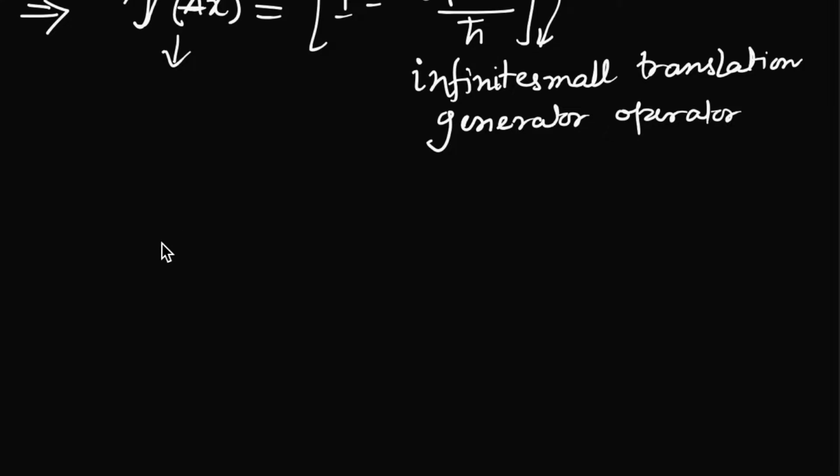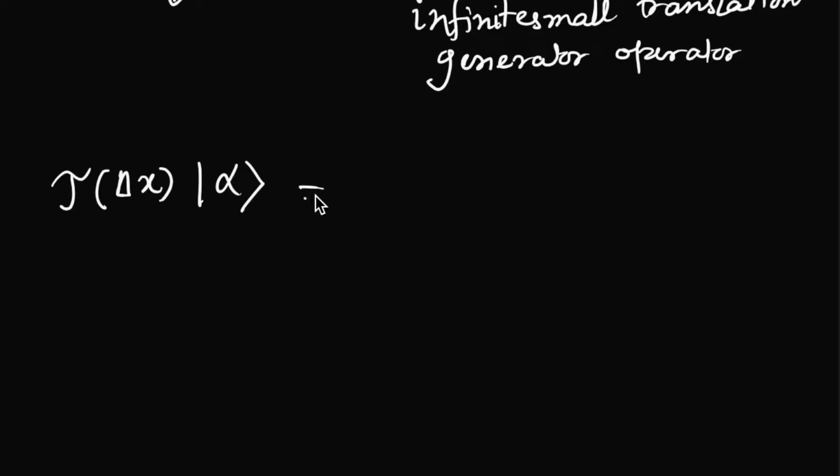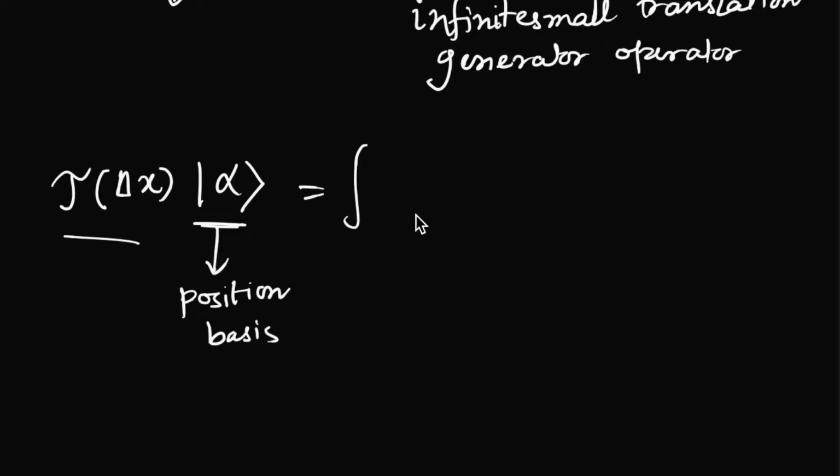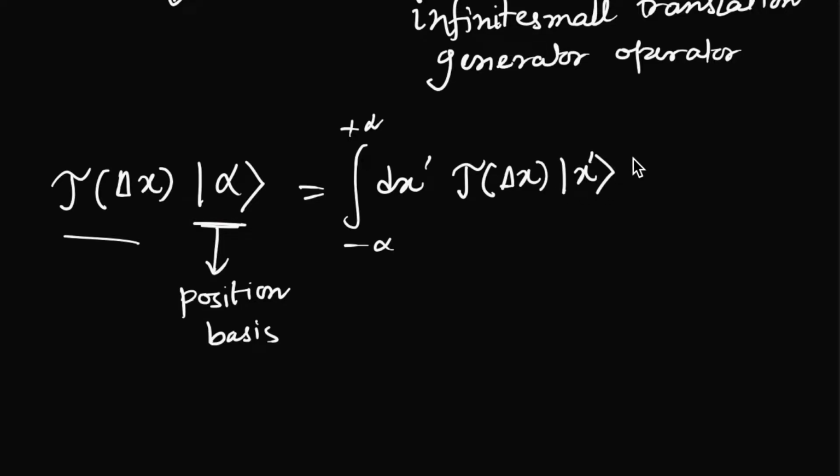And as we have seen previously, if we operate this tau delta x on a ket vector alpha, and if we represent this alpha in position basis, we can write this as integral from minus infinity to plus infinity dx prime, |x prime><x prime| tau delta x alpha.